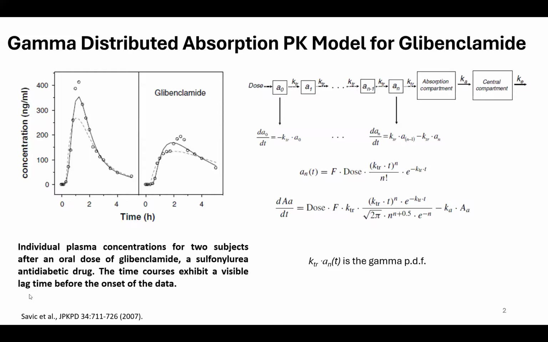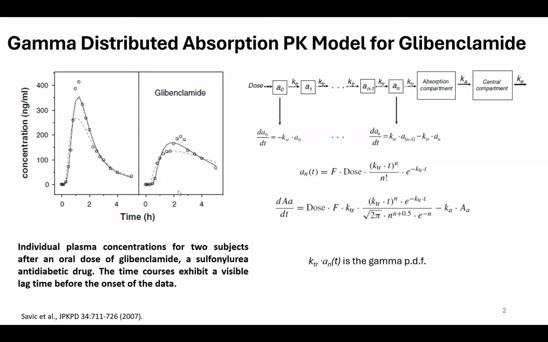What these collaborators did was replace the lag time by a series of transit compartments, as you can see here. They were motivated because of this not exactly rapid increase in the onset, but more like a smooth transition.